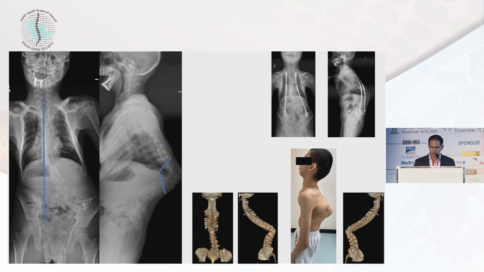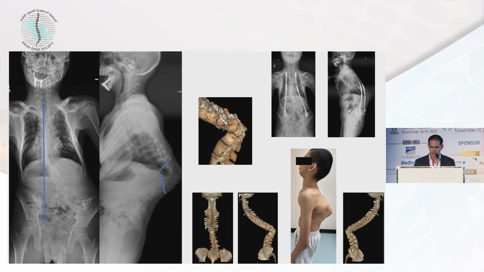So in this case, the surgery was to remove the apical vertebra in order to try to correct as much as possible given the stiffness of his spine, because there is also fusion in the proximal levels. And as you can see, he's going to the left, but when you see the coronal 3D scan, the convexity is on the left side.